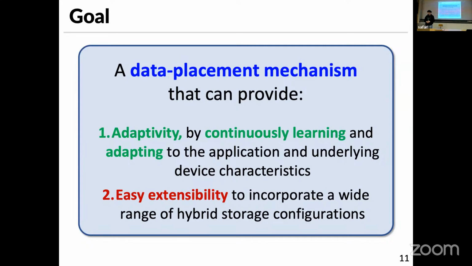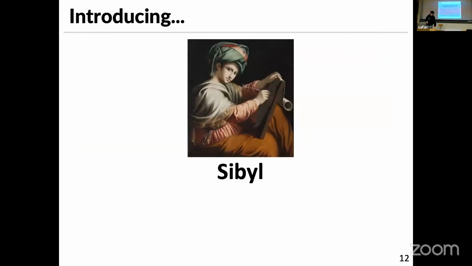That way you can also incorporate, with one data placement strategy, a huge range of hybrid storage configurations. So the paper introduces Cibil. Now, to explain the picture, in Greek history, Cibils used to be oracles. So it's really to show that Cibil is performing very well compared to the oracle policy.